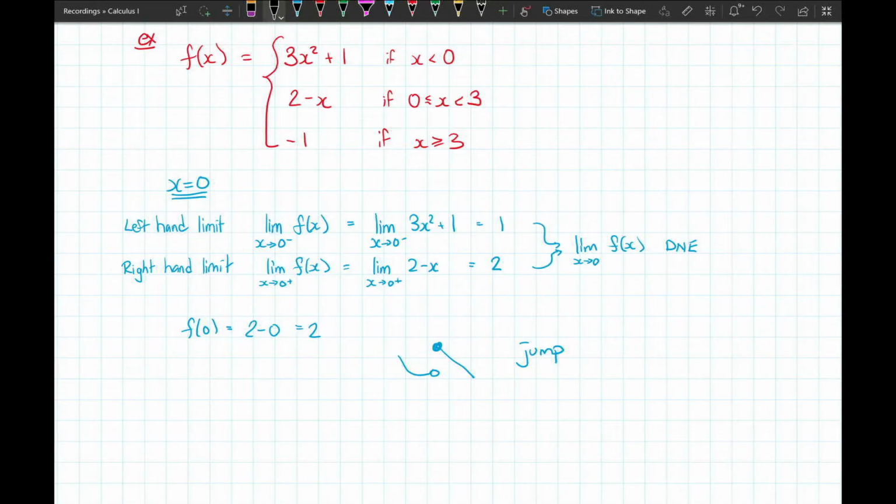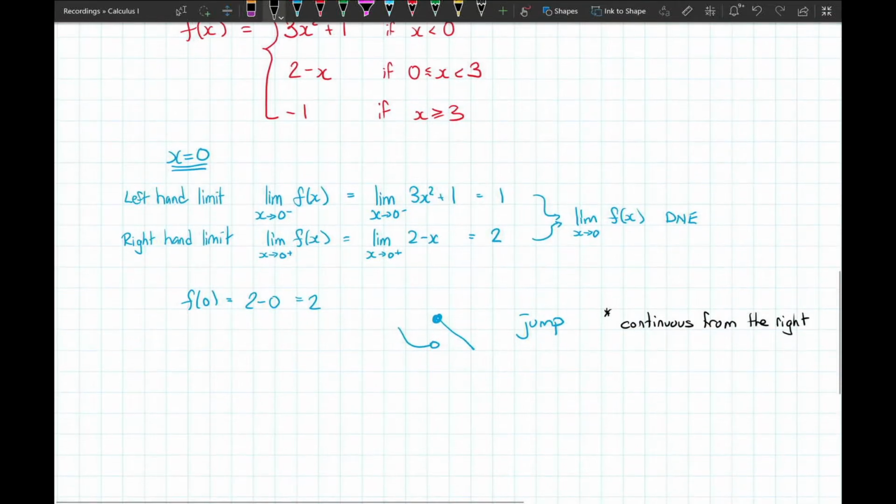So if you want to be a little bit more particular on this one, we can actually add a little note here that this is continuous from the right. And it's more or less the same definition, except we see that the limit as x approaches a from the right of a function equals the function value at a. That's what it means to be continuous from the right.